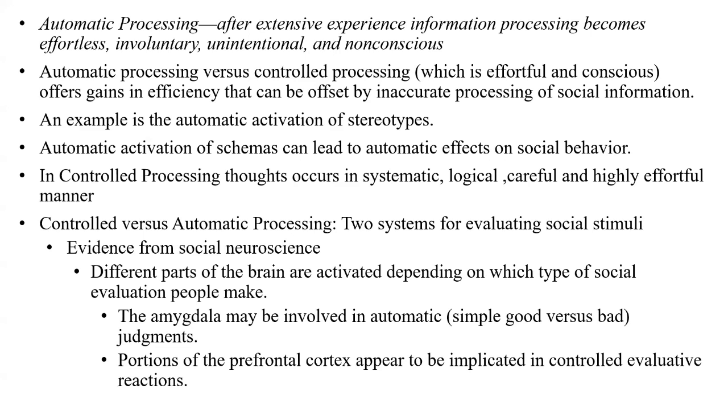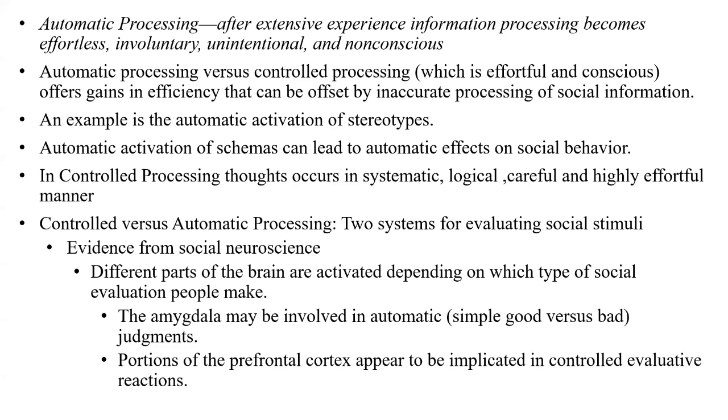Automatic processing. So, in automatic processing, after extensive experience, information processing becomes effortless, involuntary, unintentional, and non conscious. Automatic processing, versus controlled processing, which is effortful and conscious, offers gains in efficiency that can be offset by inaccurate processing of social information.